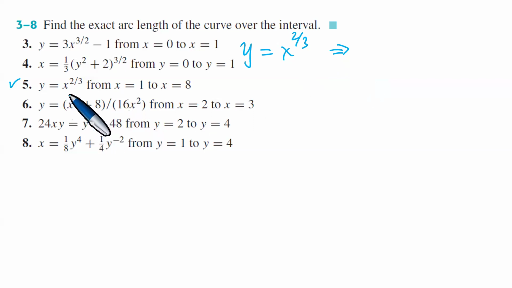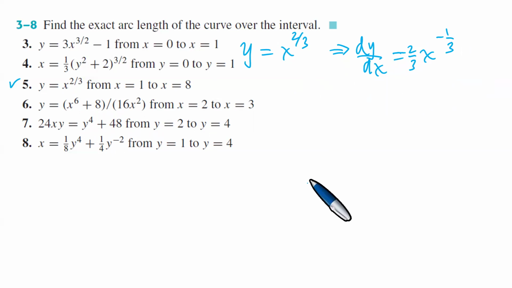Because now y is already the subject, so we can use formula 4. Getting dy dx 2/3, minus 1, minus exactly 1/3.